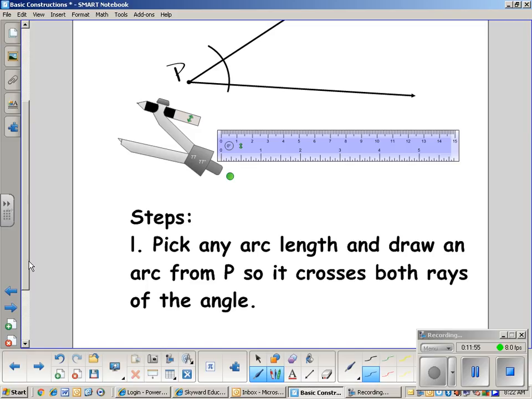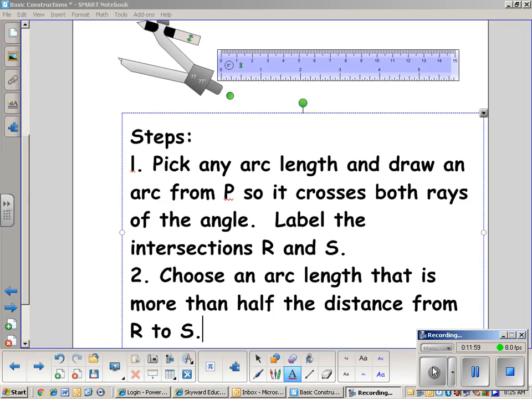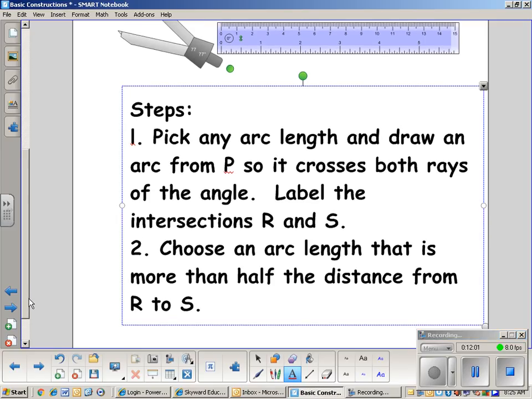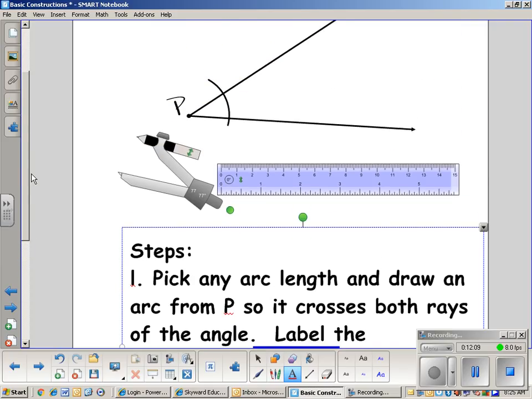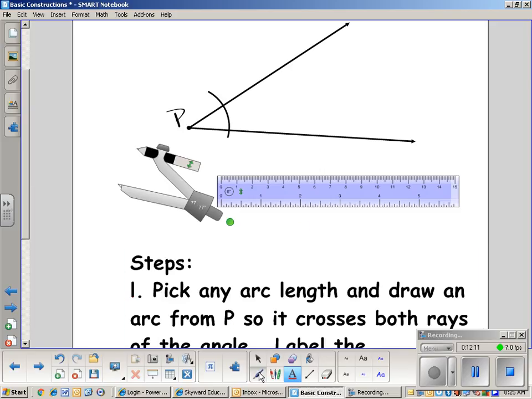Anybody not with me? Give a pause for. Okay, while I pause, remember I added, well you can't remember if you're at home, I added this part right here. So we're going to label these intersections R and S. Okay?